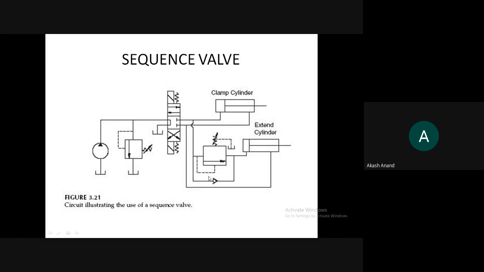Okay. So I think you are familiar. You already seen these types of symbols in your previous example. So can you identify this component? It is a double acting linear actuator or simply a cylinder.